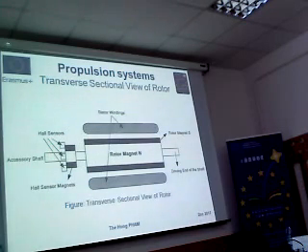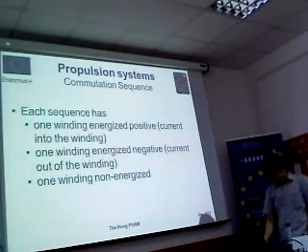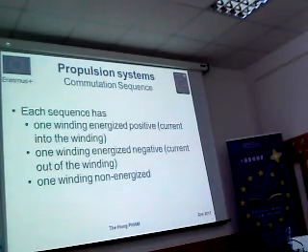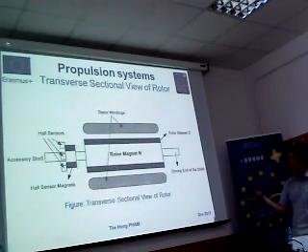You can see here this is the rotor, and this one is the Hall sensor in order to measure the position of the shaft with respect to the 360 degrees of the circle. On each sequence it has one winding positive, one winding negative, and one winding non-energized. So you can see we have 3 of these.